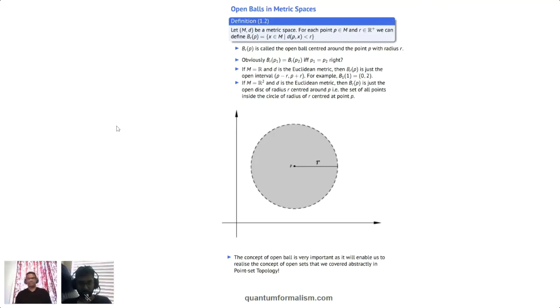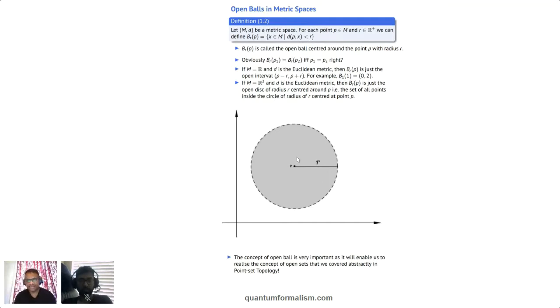Okay, so a very important concept is that of open balls in an existing metric space. If you have a metric space M, D, for each point P in M and a positive real number R, you can define B_R of P, which is essentially the set of all points in M whose distance from P is less than R, okay?